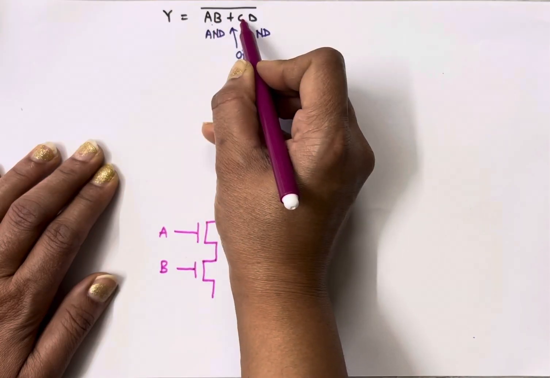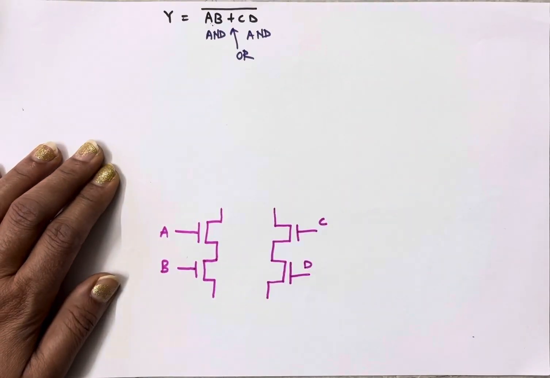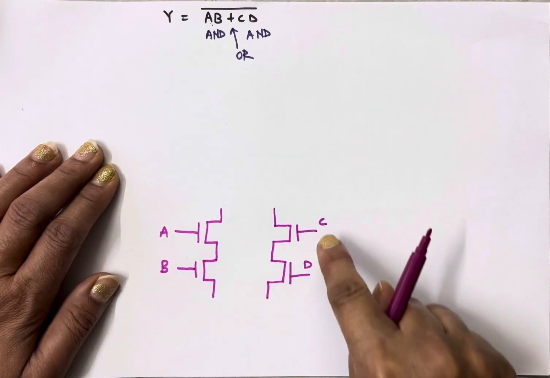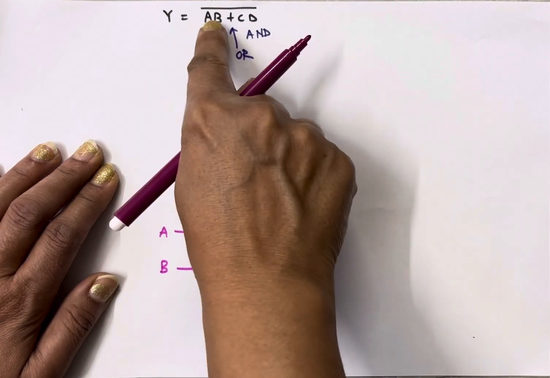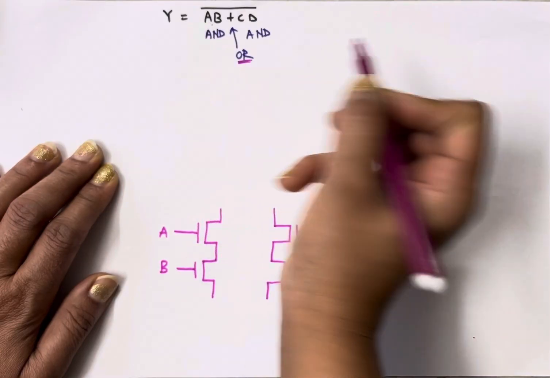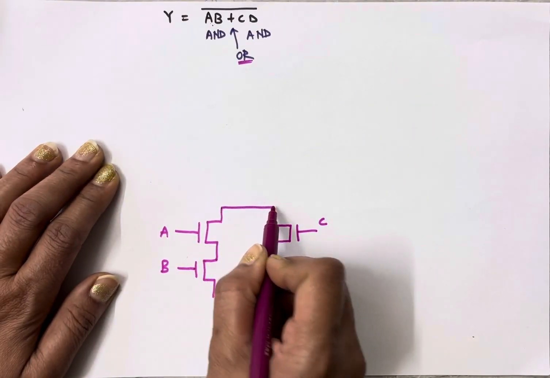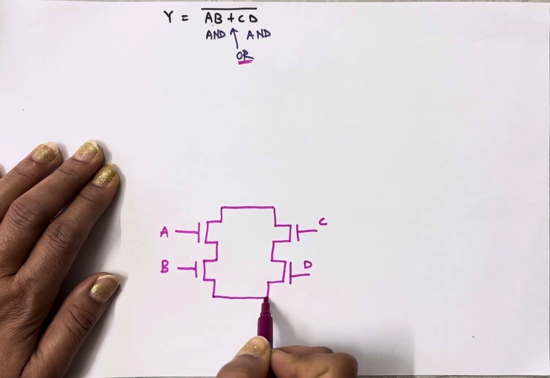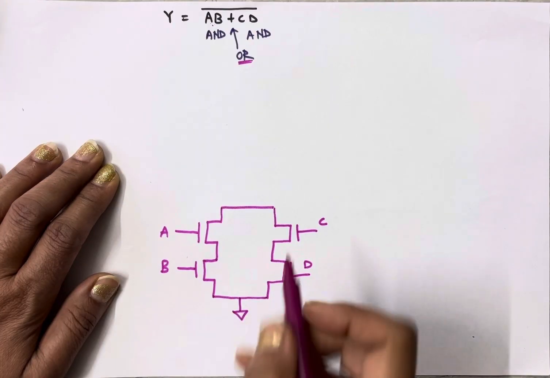So these two terms are connected in parallel. To implement OR operation, NMOS are in parallel, so I'll simply short their drain terminals and source terminals. One terminal of this pull down network goes to ground, so I'll connect it to ground.